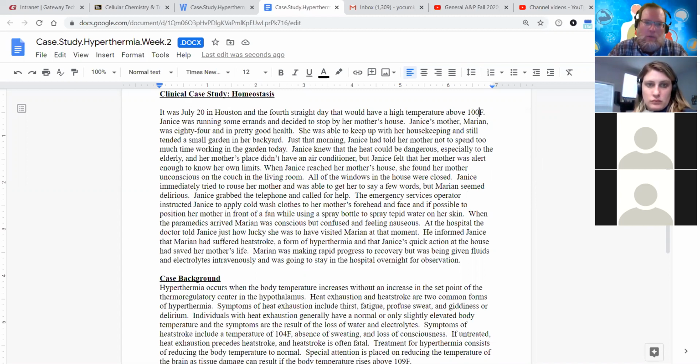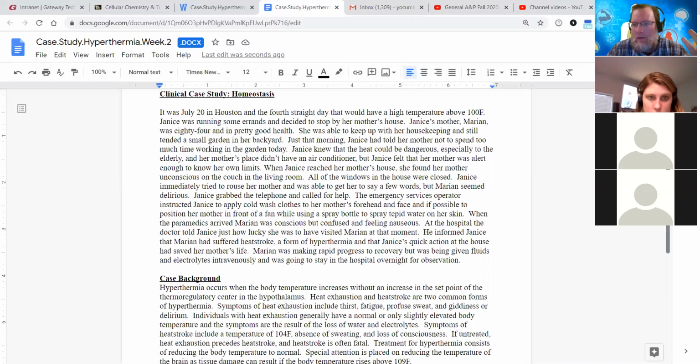It's right near the coast of the Gulf of Mexico. So anyway, we've got a lady running errands and she stops by, checks on her mom, who's 84 years old, and she's not doing too hot. And normally her mom, Marion, is pretty healthy. Today, not so much. Marion, she's elderly. Elderly people are weird sometimes about air conditioning.